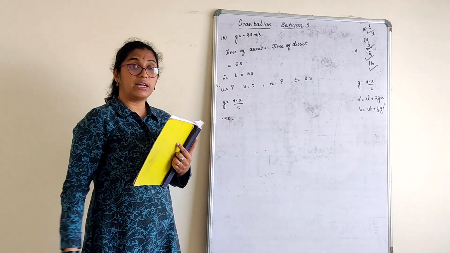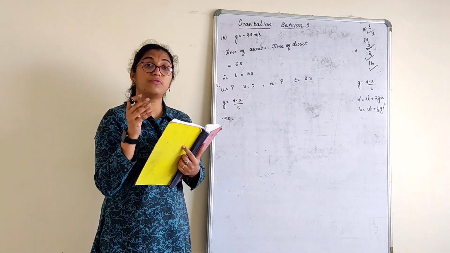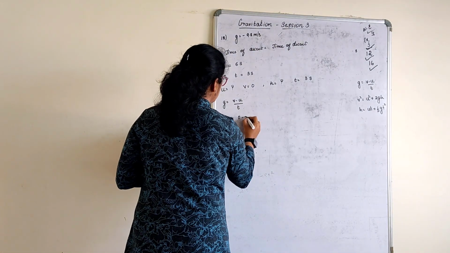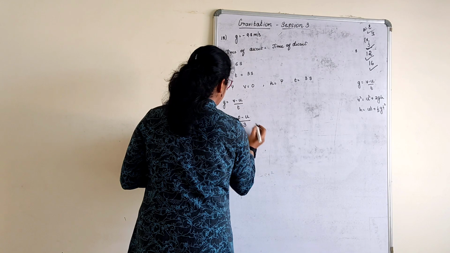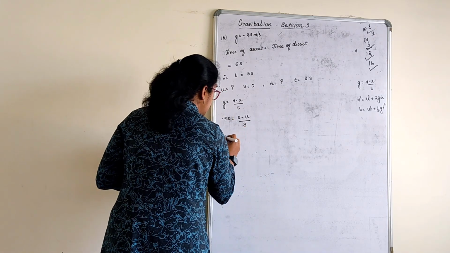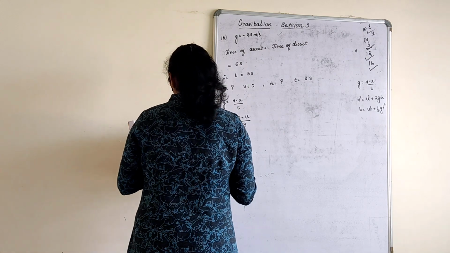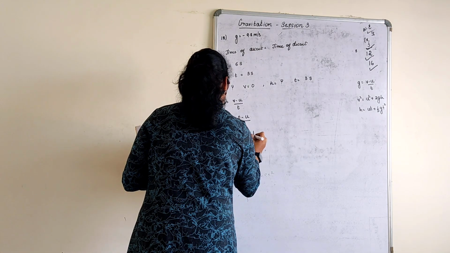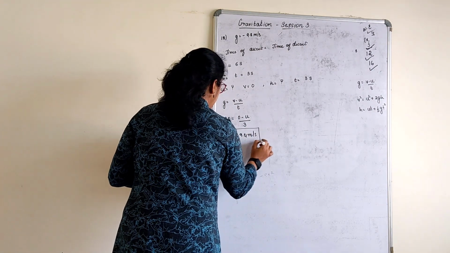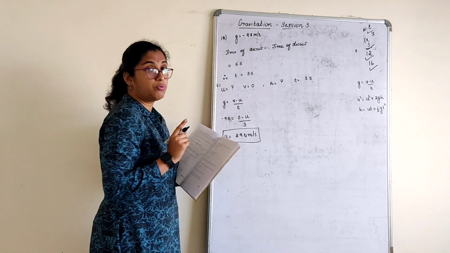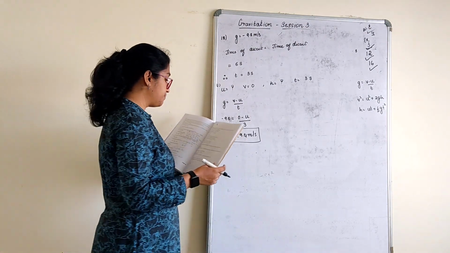Understood why I took that? Because I would get the answer in terms of decimals. So v is 0 minus u divided by 3. When you cross multiply this, directly I will give you the answer: u is equal to 29.4 meters per second. Therefore the ball was thrown with a velocity of 29.4 meters per second.